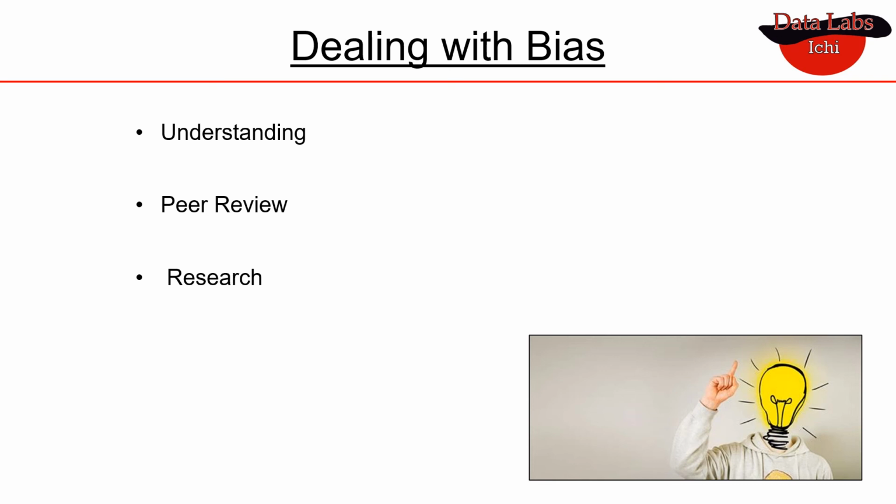Next, we have research. It's very similar to understanding, but it's inherently different. So with research, you're going to be deep diving into trying to understand why you're biased or not biased on a particular topic. Research what types of biases affect certain outcomes.